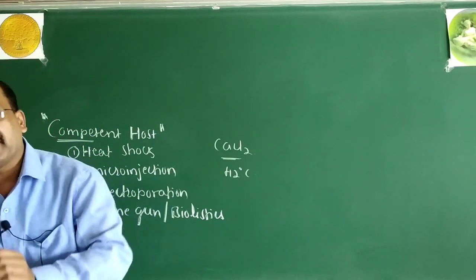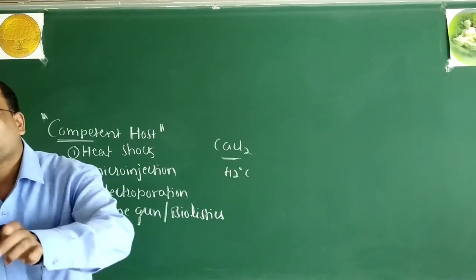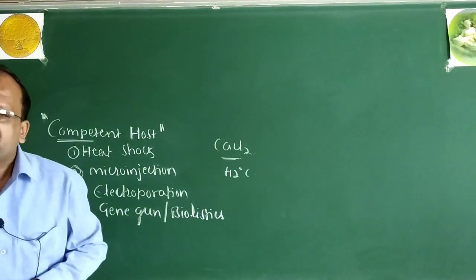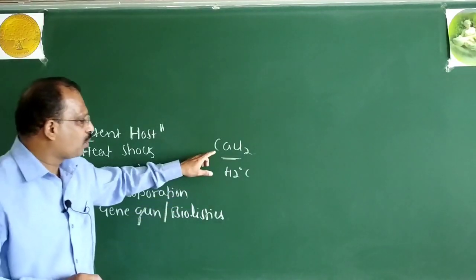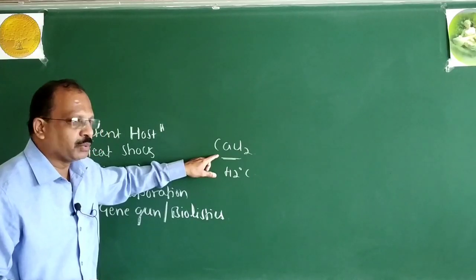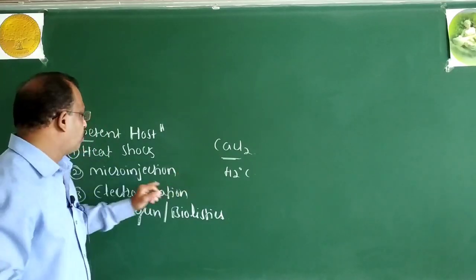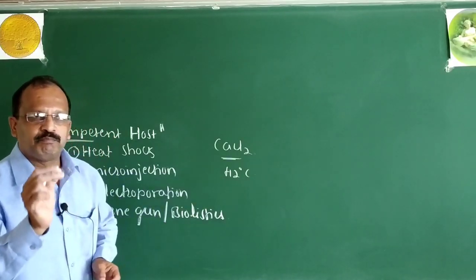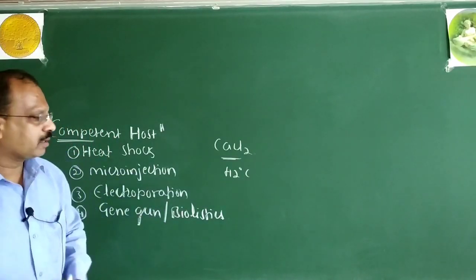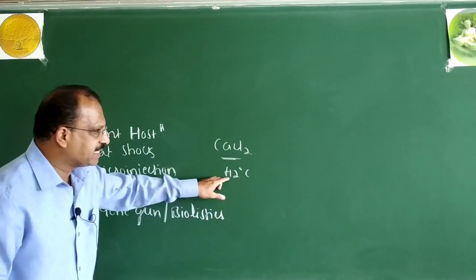So you have to make the host cell competent by treating it with cold calcium chloride solution. Followed by that, you have to go for a brief heat shock at 42 degrees centigrade.